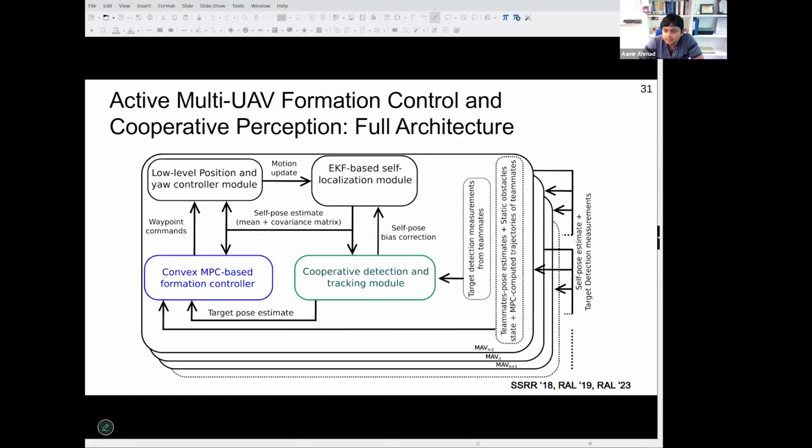This wraps up both the formation controller and the cooperative perception module, and we can put them together in the architecture that you see here. The perception module that we discussed earlier is the green module, and the blue one is what we just talked about. Each of these is run as an instance on each UAV, and they take in self-pose, target measurements, and so on, as described in the method before.